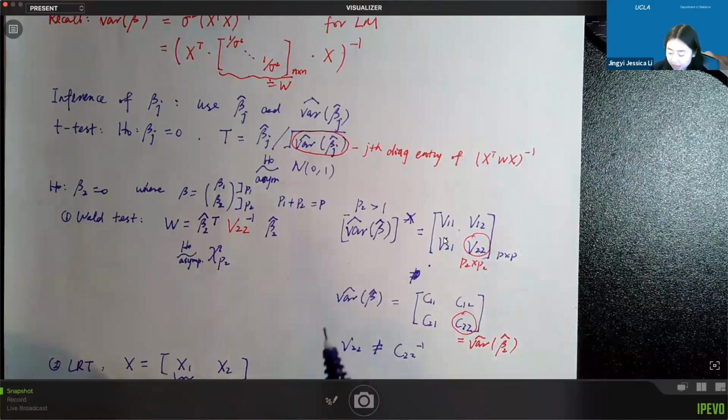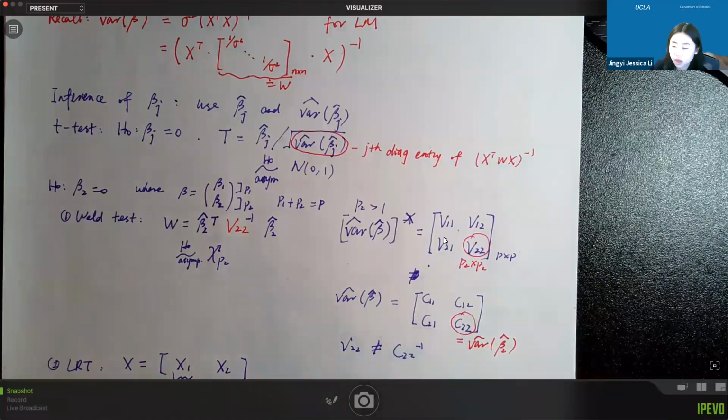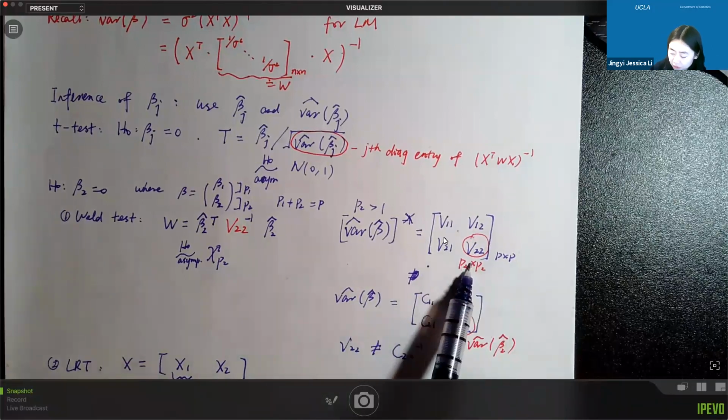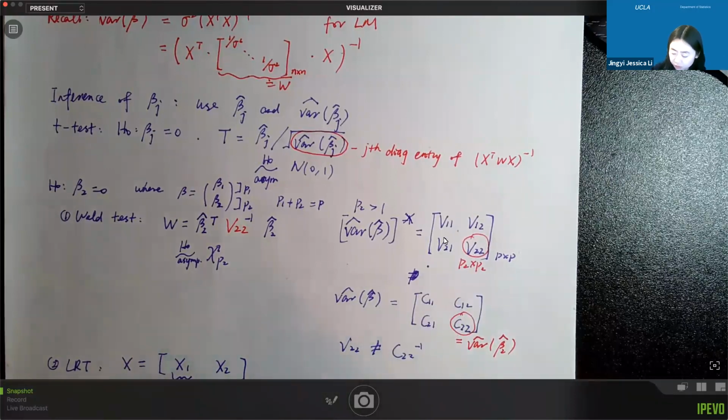So if beta is a very high dimensional vector, then the estimation uncertainty or the variance here will all be inflated. That's something we call the curse of dimensionality. But if you only estimate, say, those P2 by P2 coefficients only, then the variance for this P2 by P2 matrix will be different. So that's what I want to say.